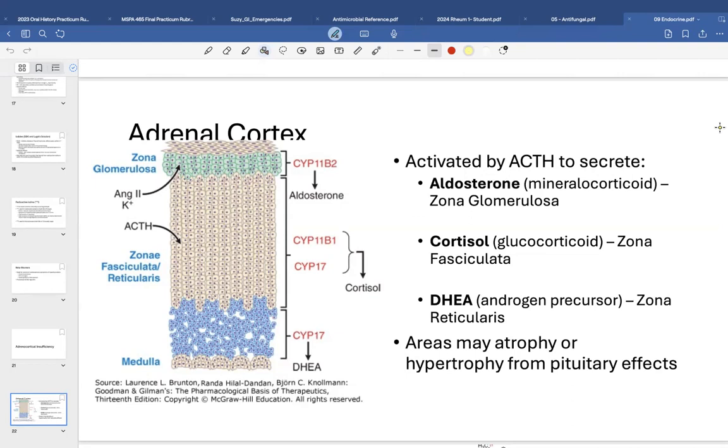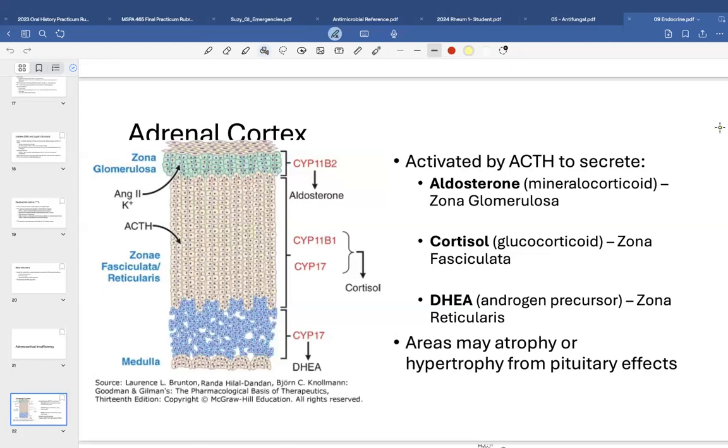And then DHEA, which is a precursor for androgens that's secreted from the zona reticularis, these blue cells here. So this is what healthy tissue looks like. The axis here is the hypothalamus pituitary adrenal axis.